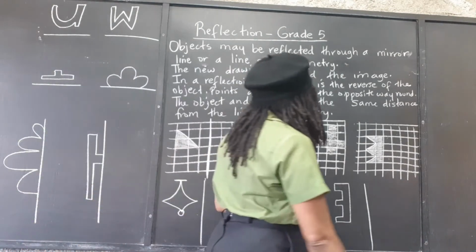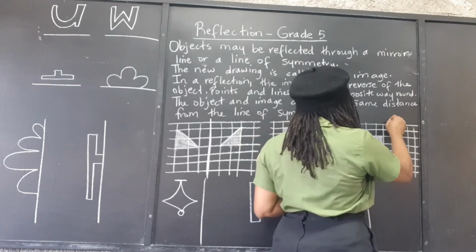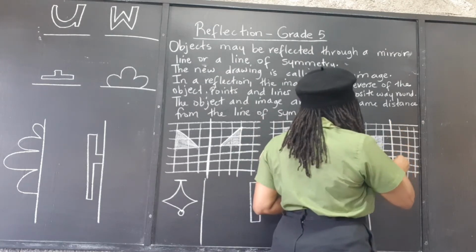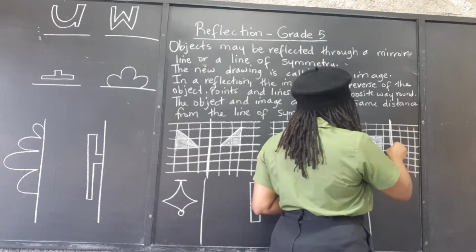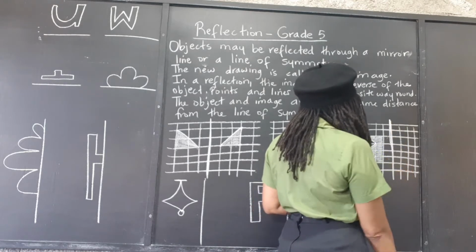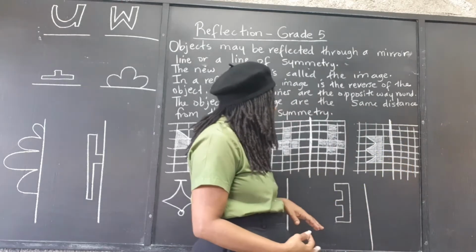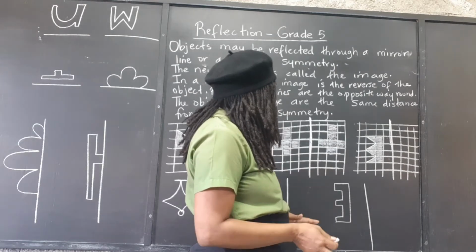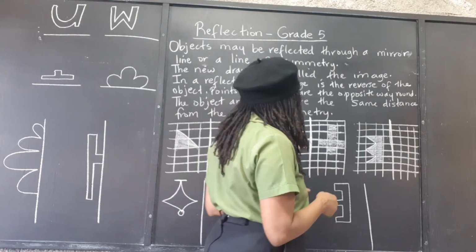Alright, so here again we're going to use this as our mirror line. We're going to try to retain the integrity of the shape in terms of size and distance away from the mirror line.